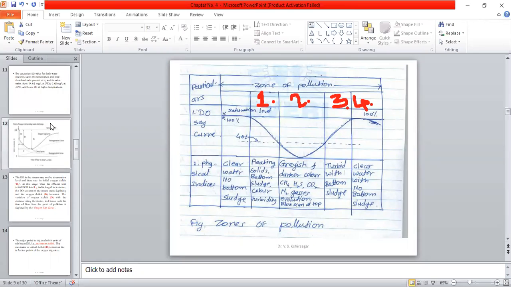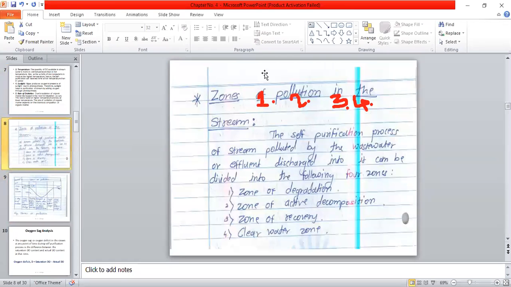Okay, so zones of pollution. What we are talking about, zones of pollution, in the sense, is one spot where you are disposing of sewage.